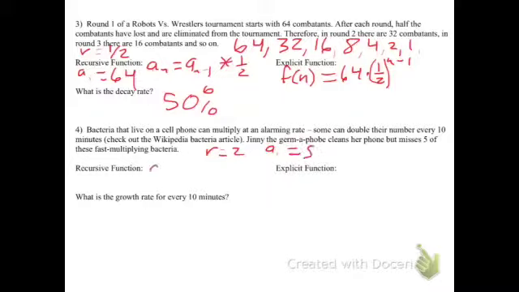Okay, so we got the important information to write our functions. a sub n equals a sub n minus 1 times 2. And then a sub 1 equals 5. And that's the hideous 5. The explicit function is f of n equals initial value times your common ratio to the n minus 1 power.